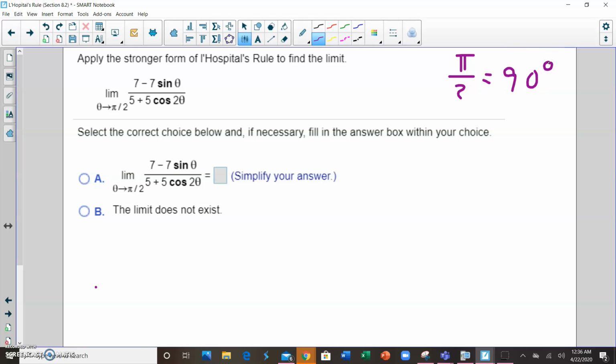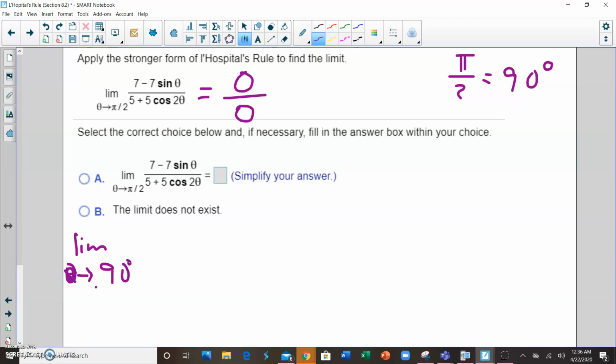All right, so for lack of time, I'm just going to tell you that when you plug this in, you get 0 divided by 0. You do. Okay, so now I'm going to go ahead and take the derivative. I'm going to get the limit as theta approaches, I'm going to change it to 90 degrees.